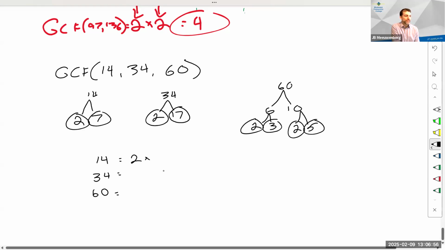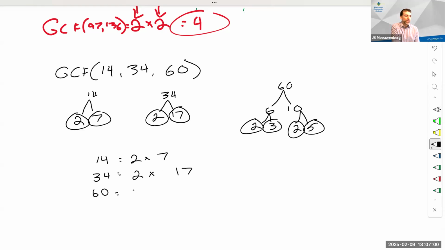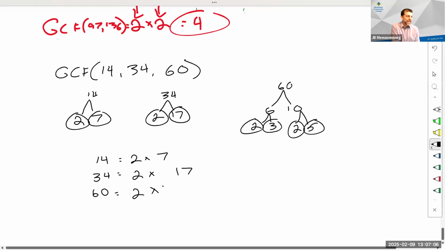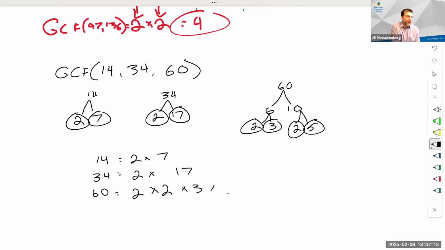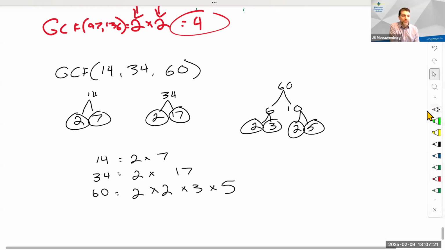We have a 2 times 7. We have a 2 times a 17. We have a 2 times a, again, they don't have to necessarily go in order, a second 2. I didn't even stack those very well, did I? I'll fix that. Times 3 times 5. Just for the sake of some consistency here, let me remove some of these.